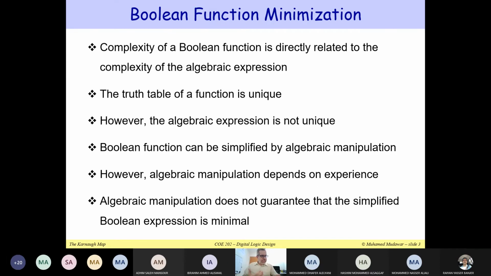But in general, it does not really guarantee that. So it depends really on experience. However, I'm going to show you in this presentation how we can use the Karnaugh map technique to guarantee that your expression is minimal. So we can guarantee that with the help of the Karnaugh map. So the Karnaugh map is really easy to use. Once you understand it, it's really easy to use.